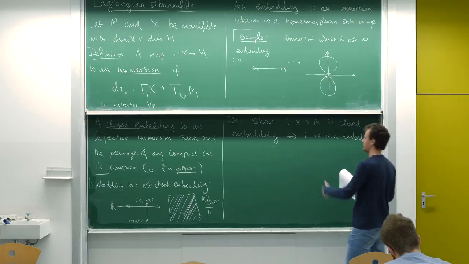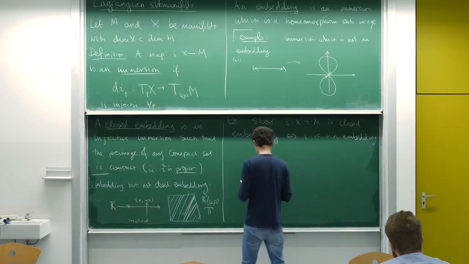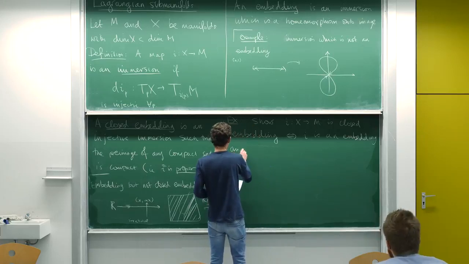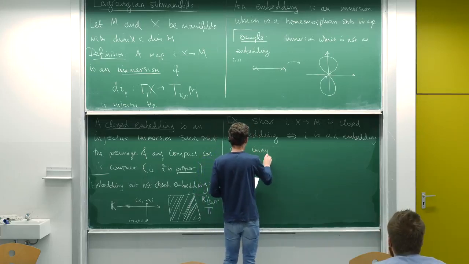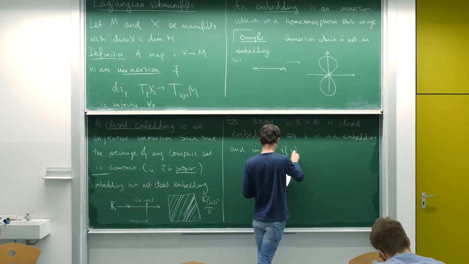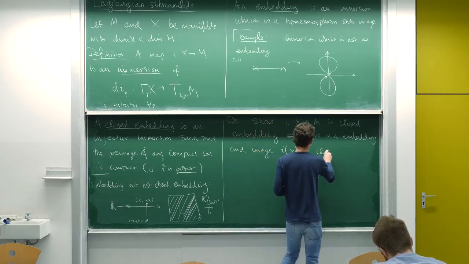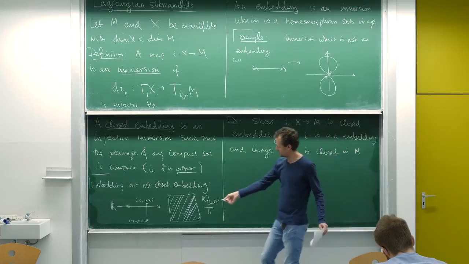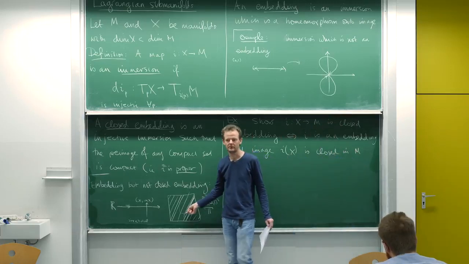Well, it's not quite clear from the definition. So it's an exercise, and the image of X is closed in M. So the image of this map here is definitely not closed in M.